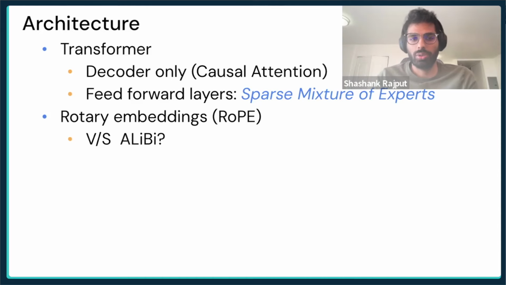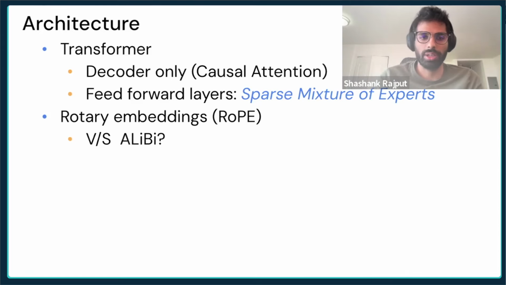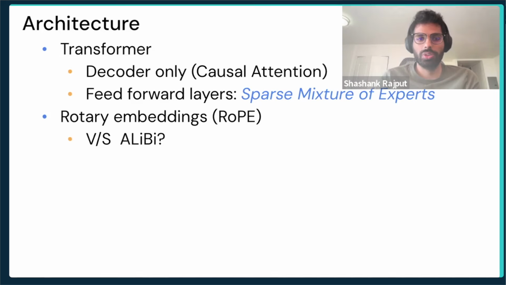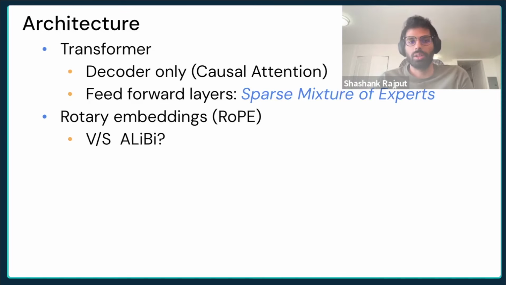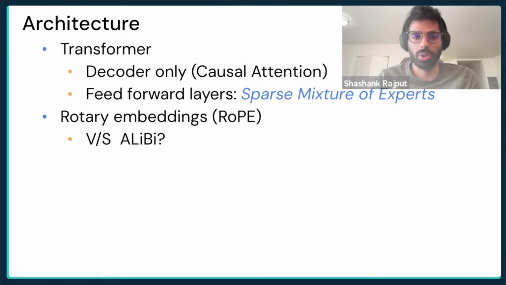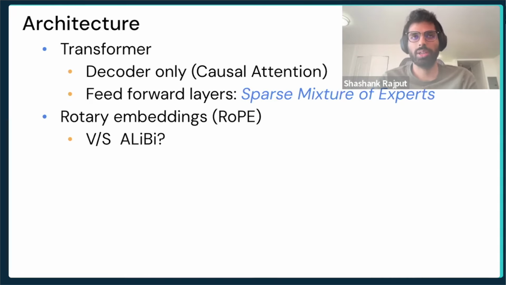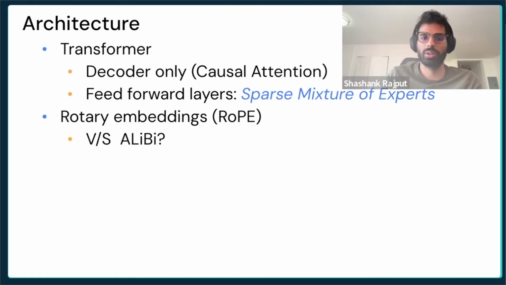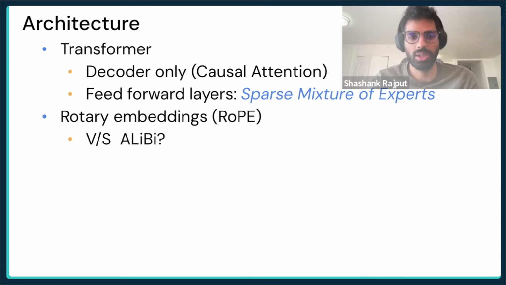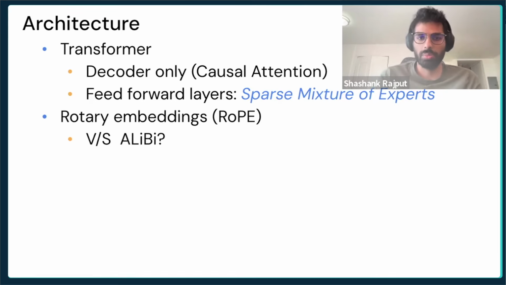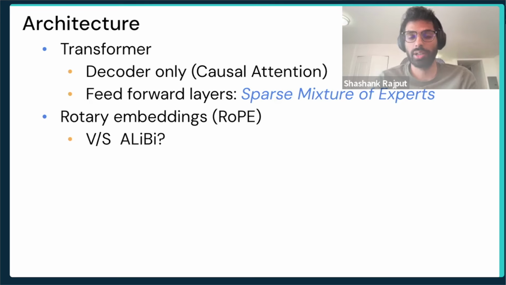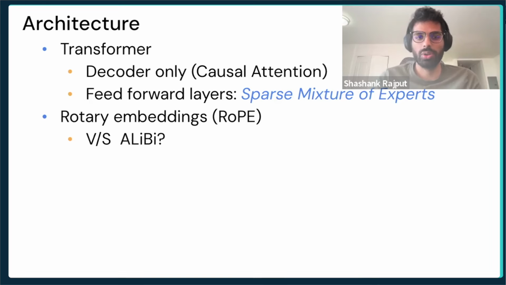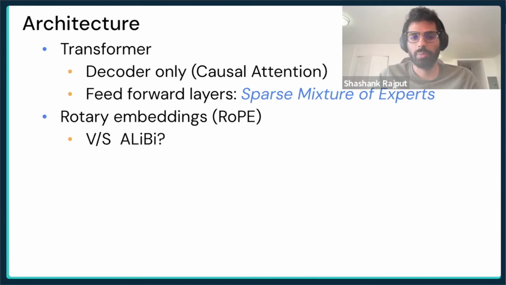While deciding which positional embeddings to use, we compared it to ALiBi, which is another popular embedding. Even though RoPE and ALiBi showed very similar performance on all the metrics and performance benchmarks, we ended up choosing RoPE because it has better hardware and library support, and also because RoPE is more widely adopted in the open source community.